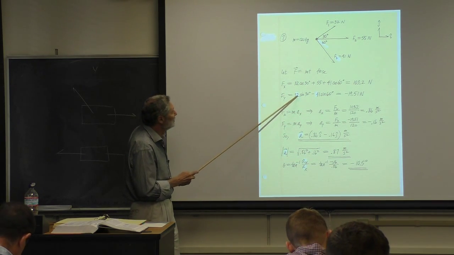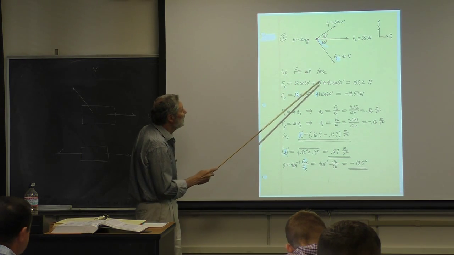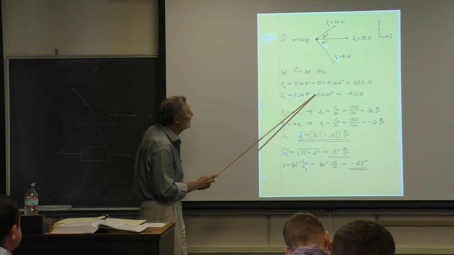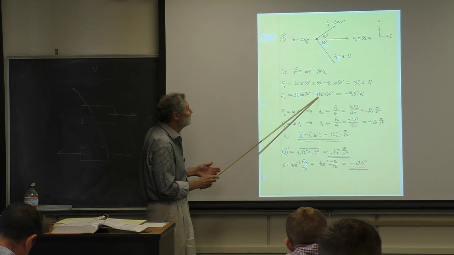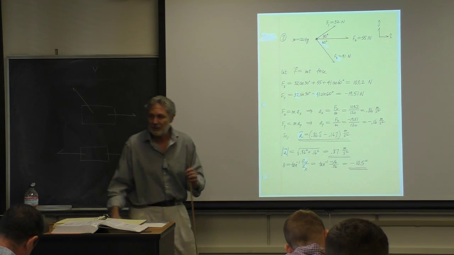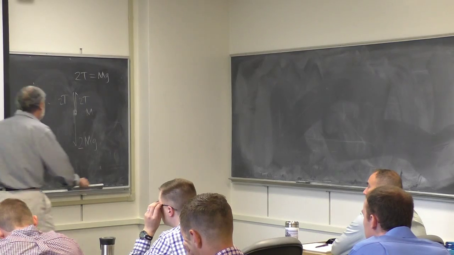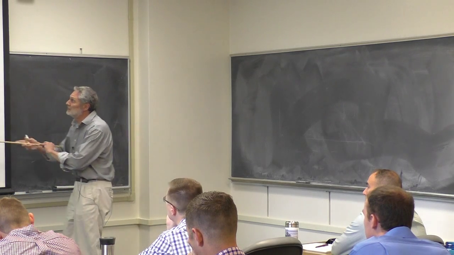Now we take 32 times the sine of the angle. That gives us this component. And now I've explicitly put in the minus sign. I know it's going to be negative. So I take 41 newtons times the sine of 60. If you don't want to do it this way, there's another way you can do it. There's always another way, right? In this case, you can think of the angle as being negative.